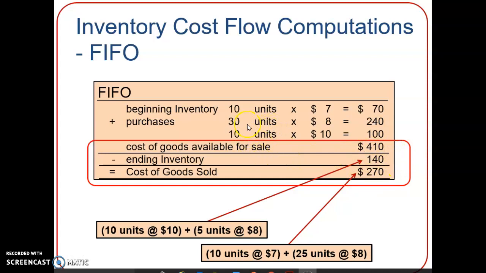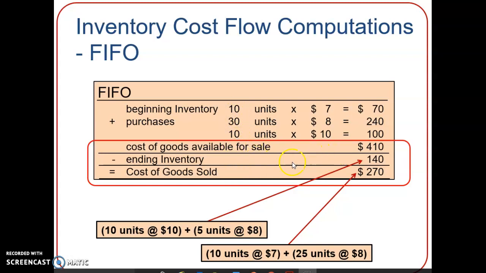It's not shown on the slides here, but we have to calculate the total available in units: 10 plus 30 plus 10 is 50, and we sold 15 units, so 35 units, so the ending inventory will be 15. That's 50 minus 35 equals 15.